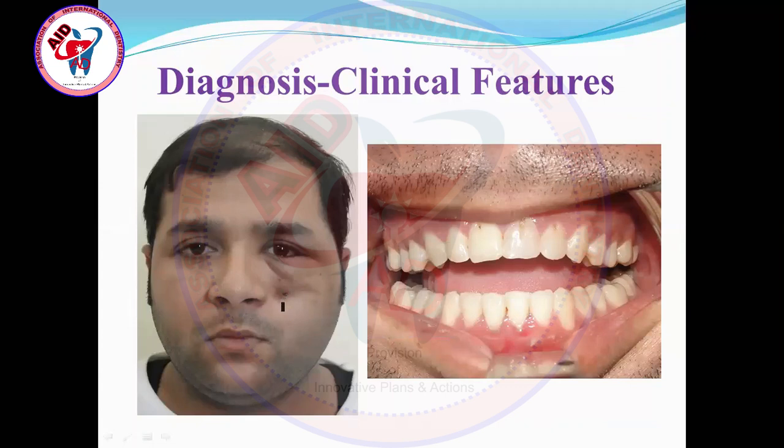And after some time, when there's healing, there's scarring and fibrosis of the tissue, and still there's a depression and a small hole, which signify the entry wound of the bullet. There's also depression in this area, and distorted anatomy of this area. And this is the intraoral picture of the same patient.